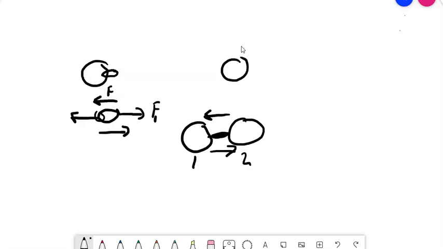So let's go ahead to the next object. The next object is bound, and so the force from 2 onto 3 is pulling 3 in this direction. The force from 3 onto 2 is in the opposite direction, and so on down the line.